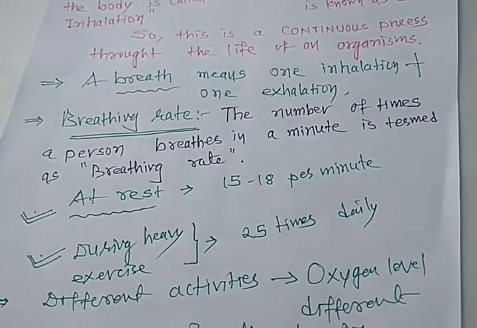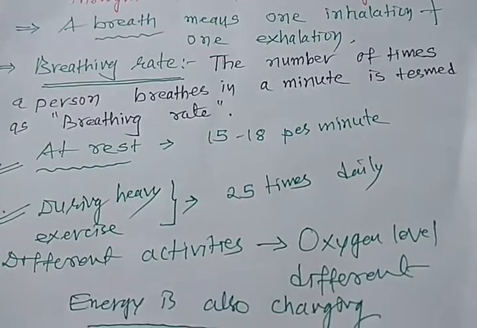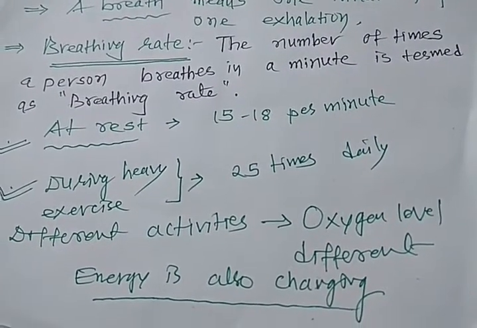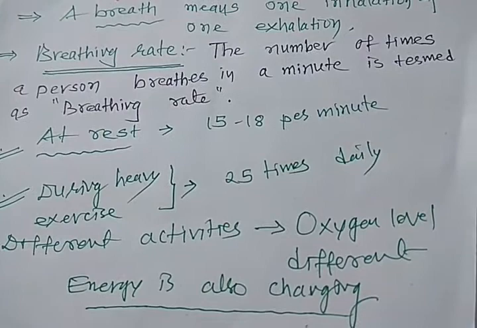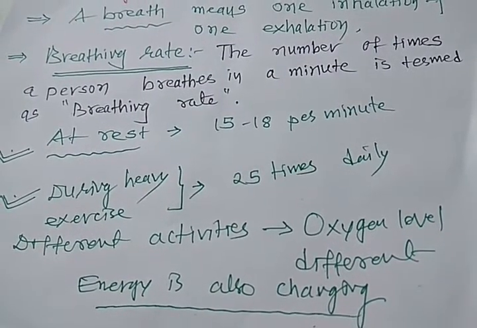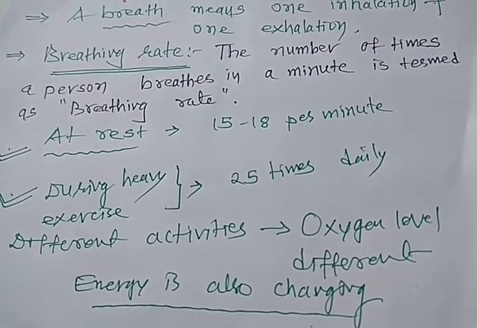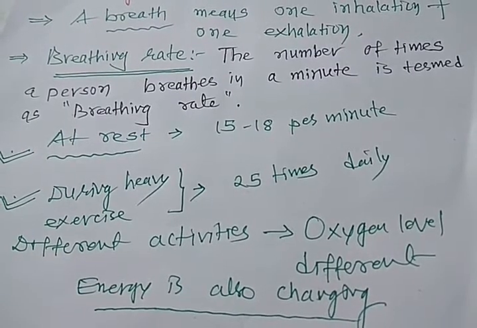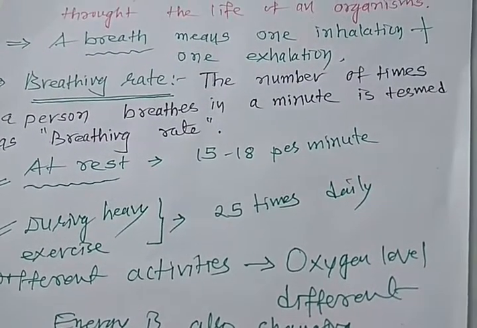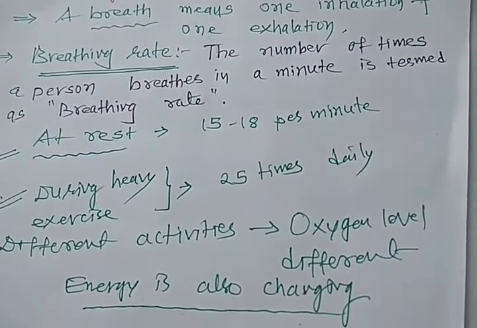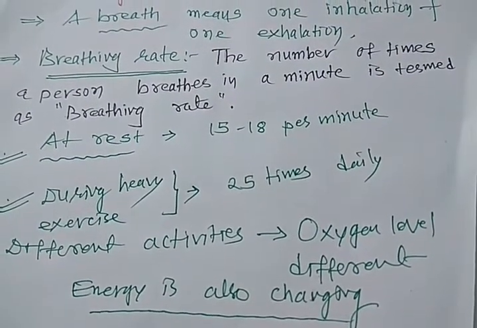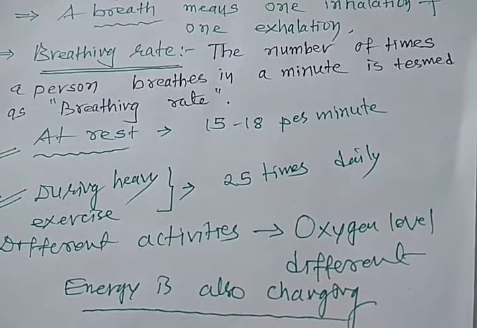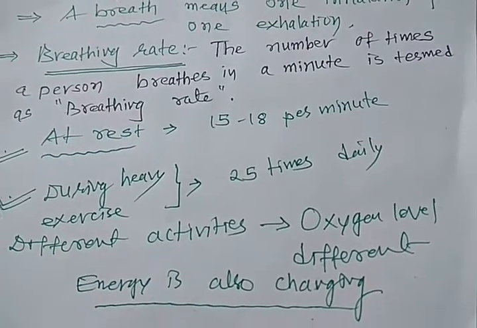Now the next point, that is breathing rate. What is termed as breathing rate? The number of times a person breathes in a minute is termed as breathing rate. Within 1 minute, whatever number of breaths, that is known as breathing rate.